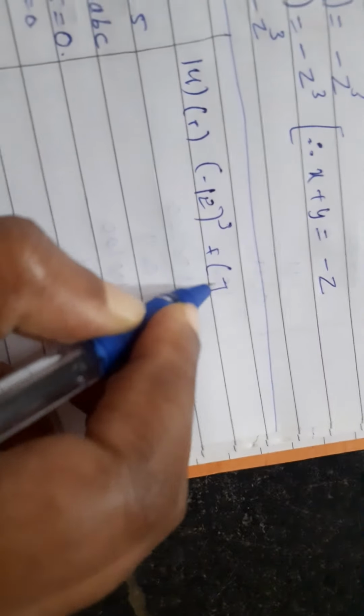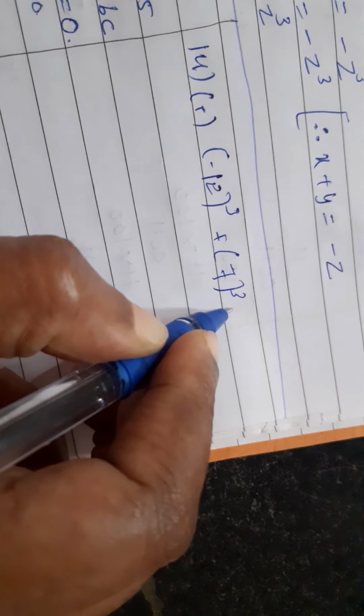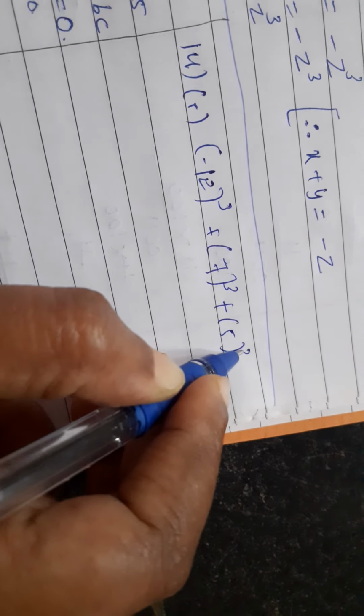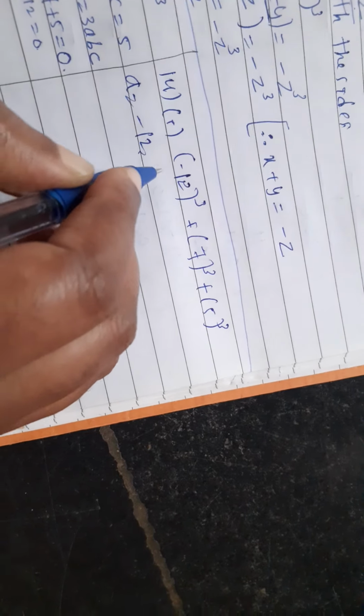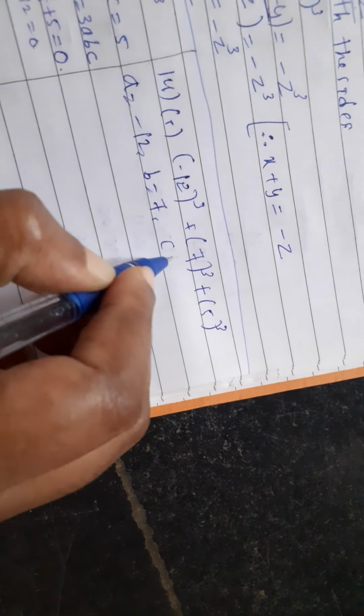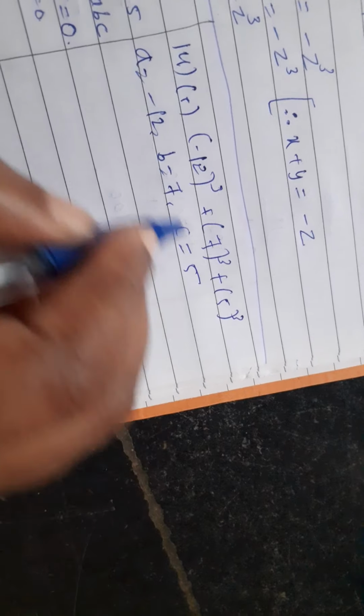Take a equal to minus 12, b equal to 7, c equal to 5.